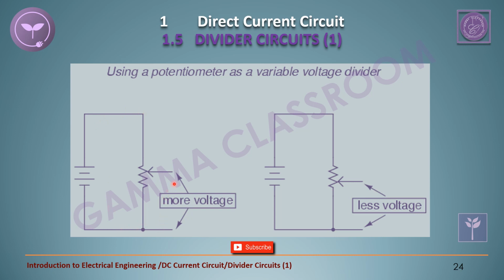If you want a portion of the total voltage, you just move the wiper down or up and reach your voltage at these two points. If you go up, you get the higher voltage. If you go down, you get less voltage.